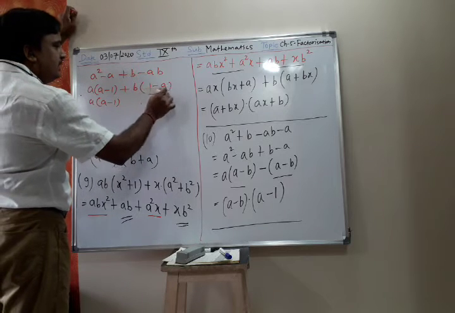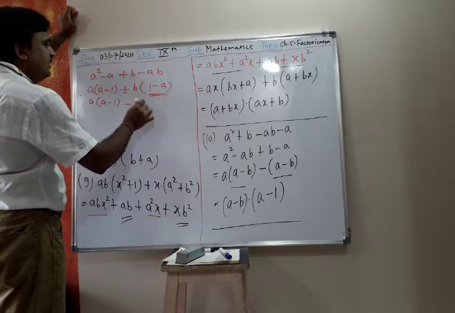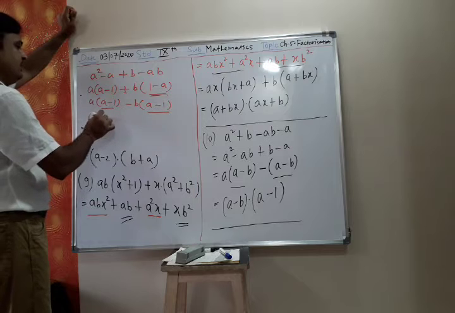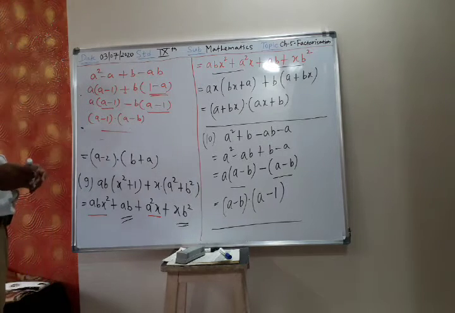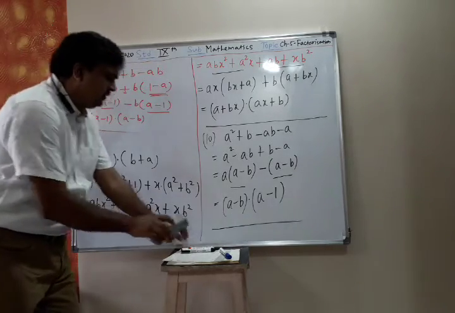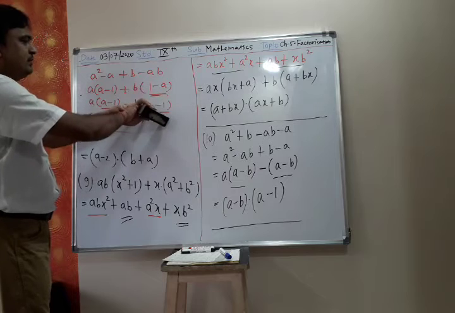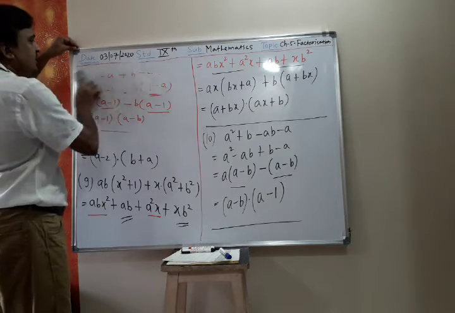Now I am writing 1 minus A as A minus 1, so instead of plus, it will be minus B, A minus 1. Now A minus 1 is common. So what is left? A minus 1 into A minus B. Same answer you are getting. But when you write 1 minus A as A minus 1, outside the bracket the plus becomes minus.